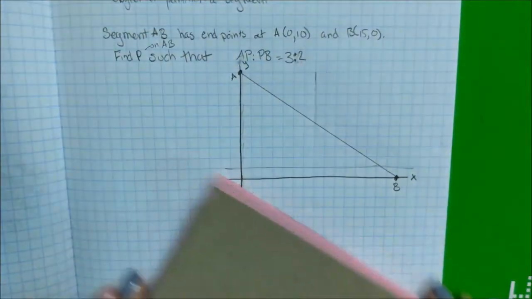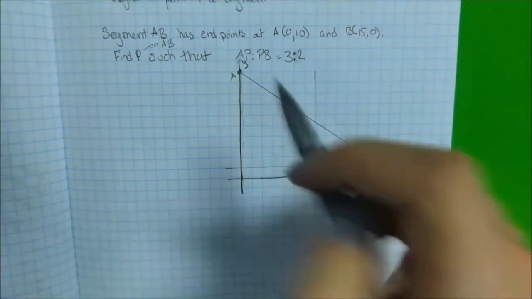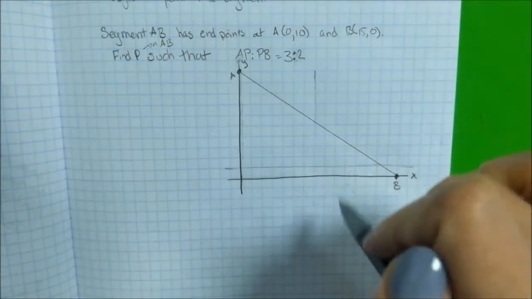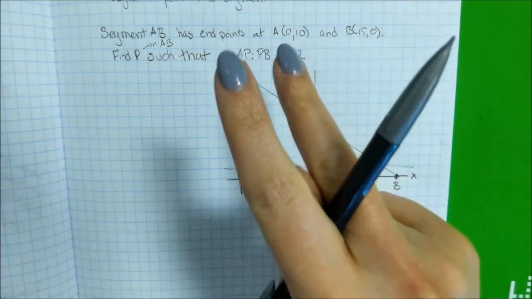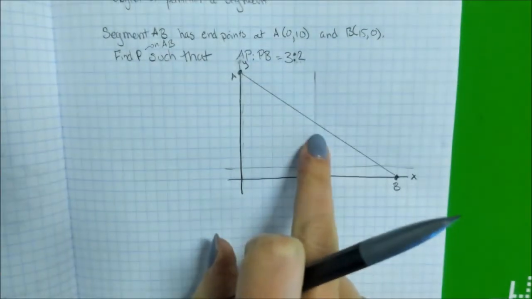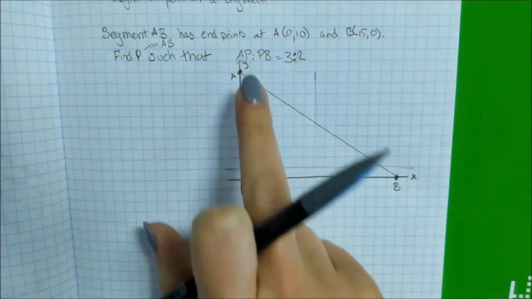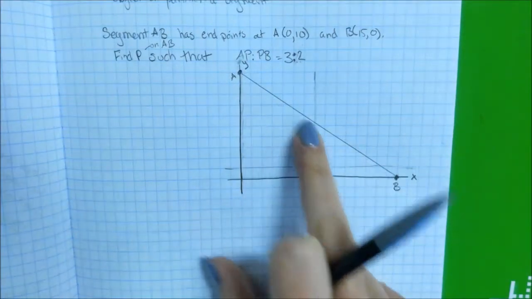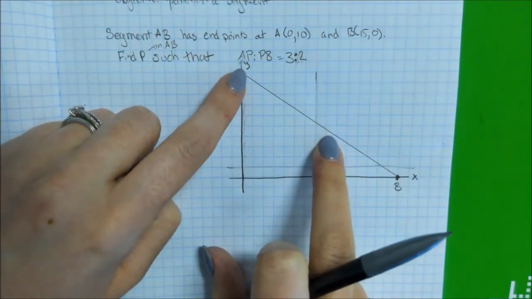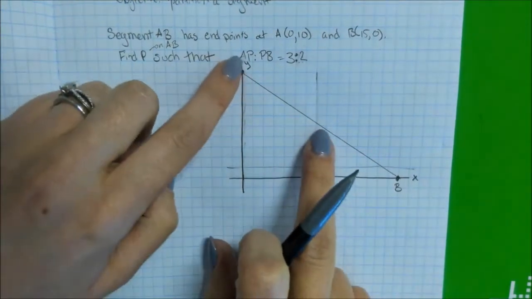So essentially what I'm doing is I need to divide this line into two parts so that P, somewhere on this line, is such that AP to PB is in the proportion of 3 to 2.